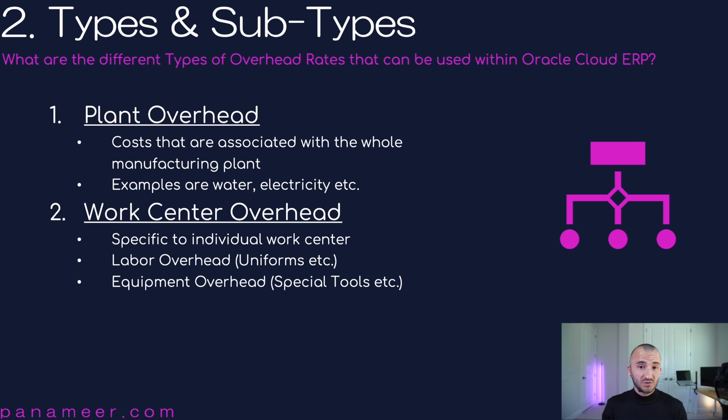Here is also where we track the overhead cost that is associated with our resource rates that we covered in the last video, where we had labor resource rates and equipment resource rates. So where, for example, I pay a person $50, I can also say I want to track some additional cost for the uniform, etc. And for equipment overhead, for example, I say I have this machine that is directly in the production process.